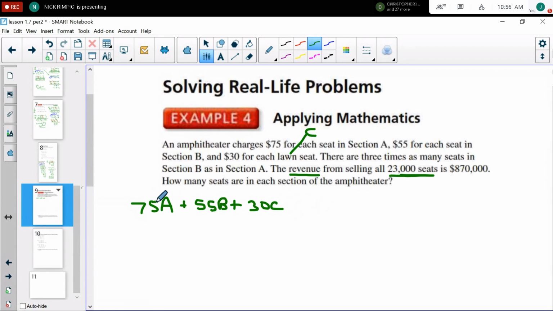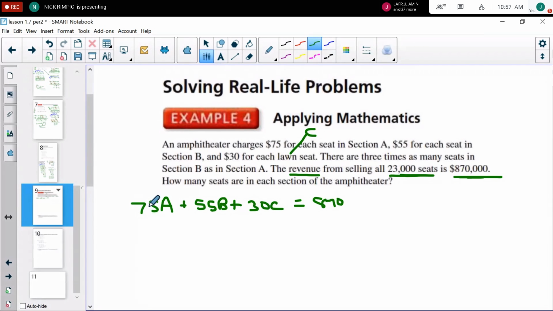This equation deals with money. It's $75 for every seat in A, 55 bucks for every seat in B, and $30 for every seat in C. If you sell all these seats at these prices, the amount of money we get is 870,000. So this is a money equation.